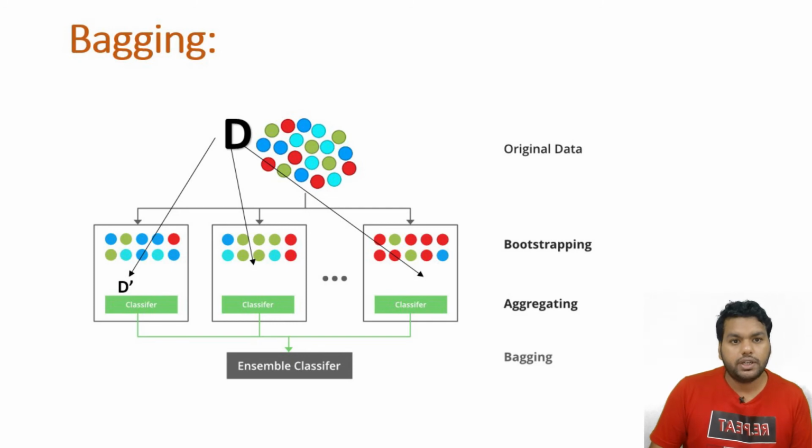Now we start building different kinds of models on D dash. Suppose we take D1 dash, we build M1. Then we take D2 dash, we build M2. And like this we build many base learner models on the D dash. Now take the prediction from every model and do the aggregation. That is your final prediction. That is what bagging does.